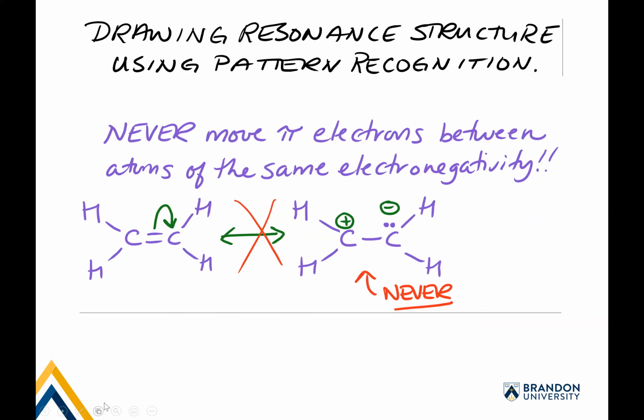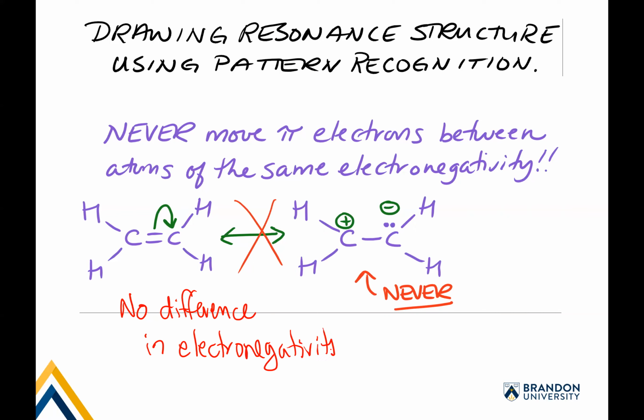And if you've got a carbon-carbon double bond where there's no difference in electronegativity, you never want to move the electrons from a pi bond to one of the carbons, because what we're going to see later on in the class is that carbocations are high energy, very high energy.